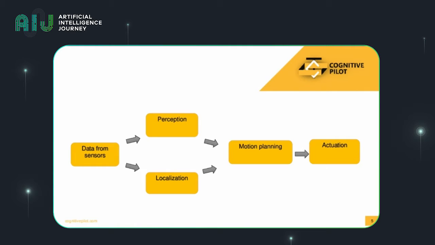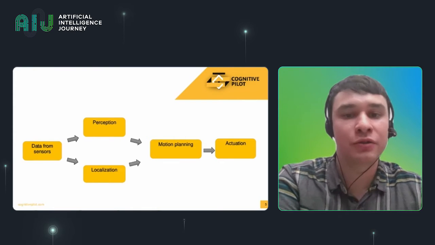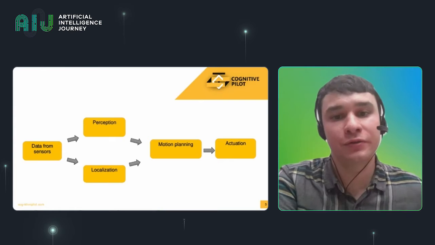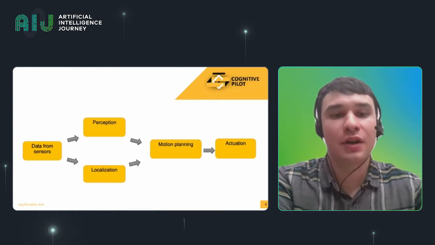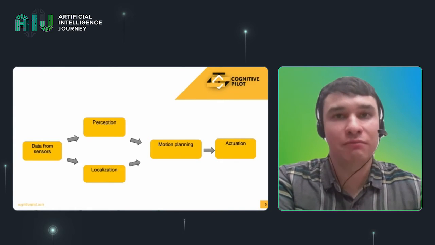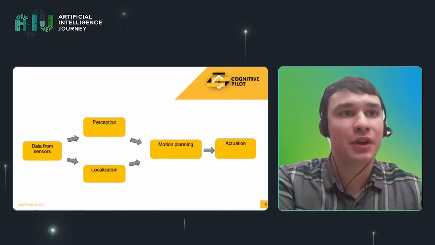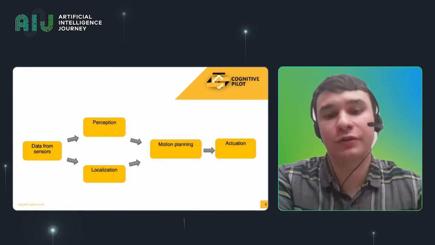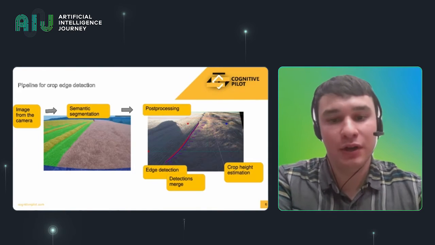It is a very traditional pipeline. So data from the sensors is an input for perception module, localization module, and the output from these modules forwarded to motion planning algorithms, which outputs the target control to actuators, steering or speed actuators.